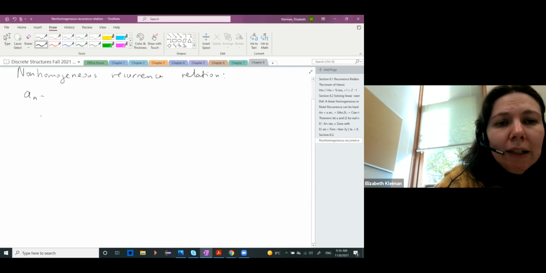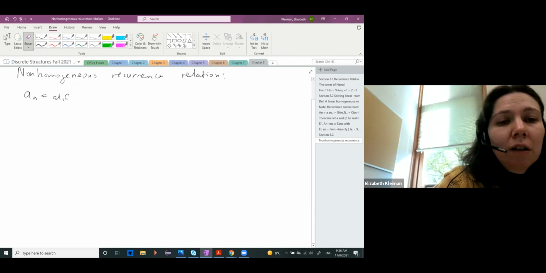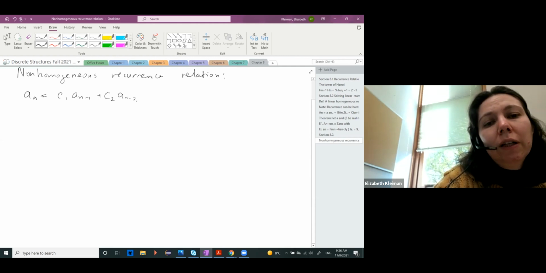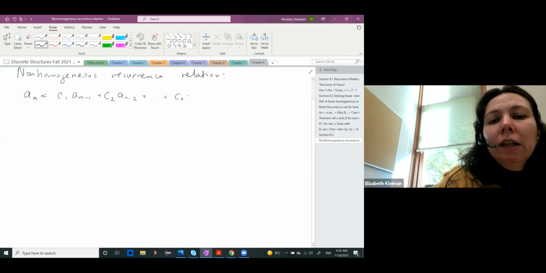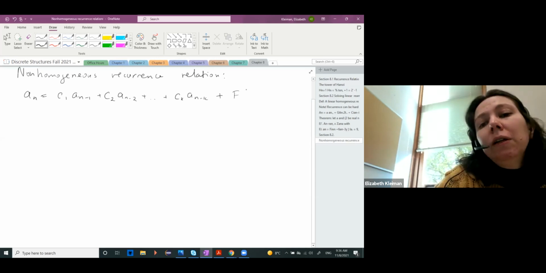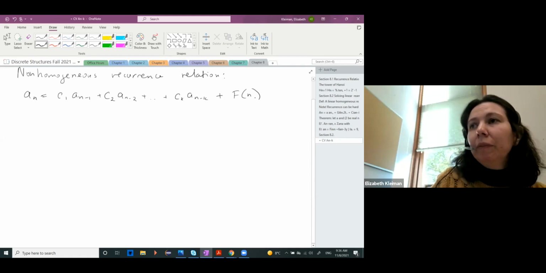So it begins by looking at kind of like a traditional system: constant 1 a_(n-1) plus constant 2 a_(n-2) plus constant k a_(n-k). But it also has some function of n.